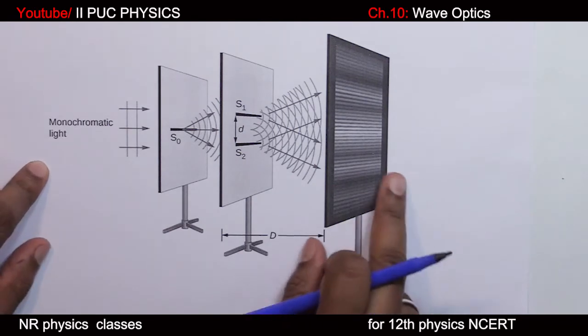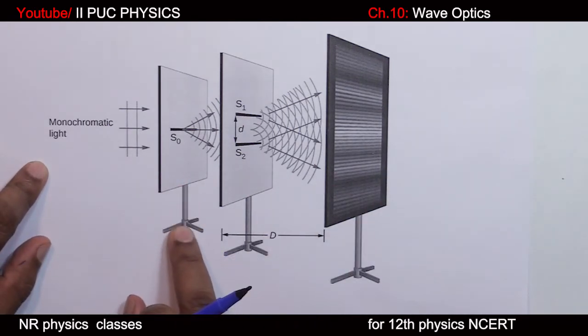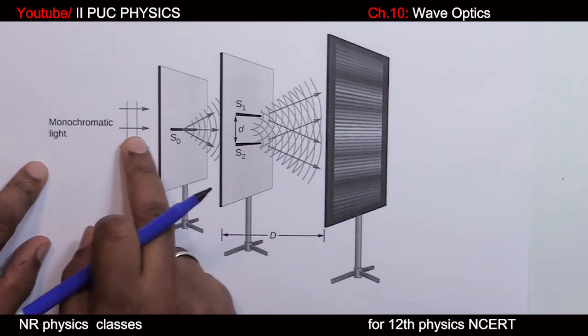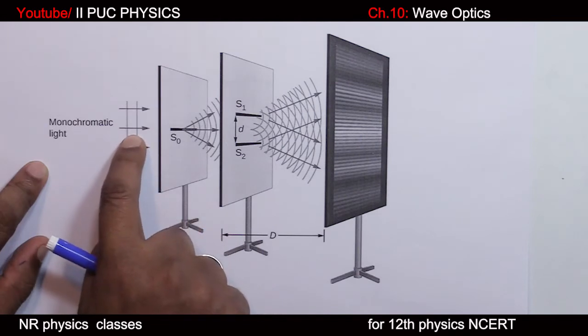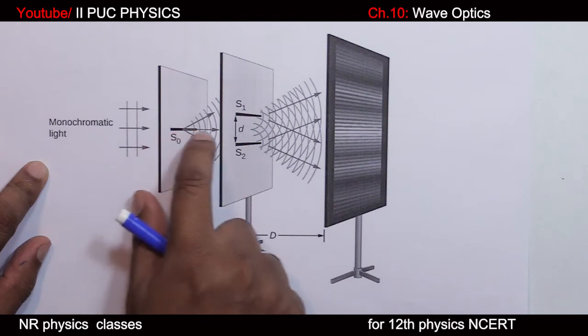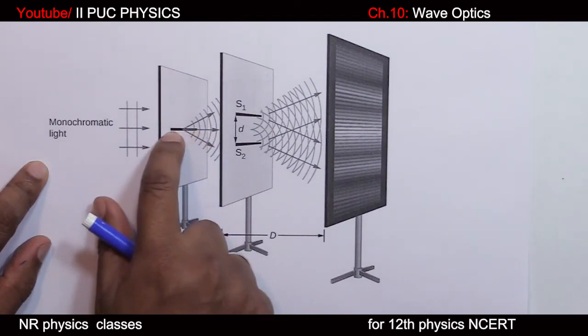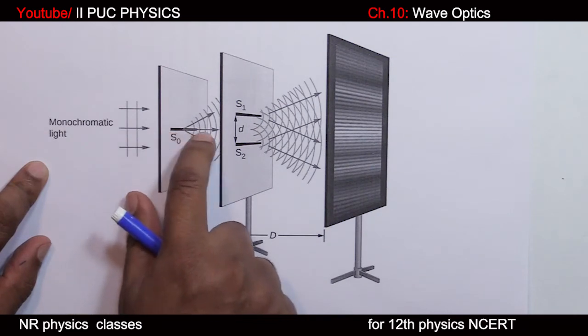Students, observe this. Cardboard supported by a stand, monochromatic light. When light passes through a slit, linear source. Can you recall wavefronts due to a linear source? Wavefronts due to a linear source are cylindrical.